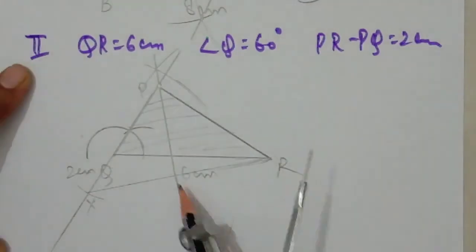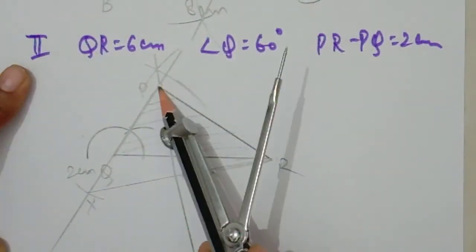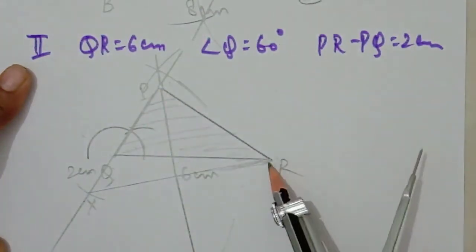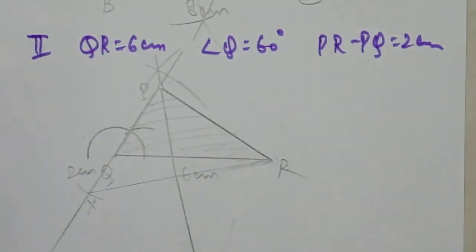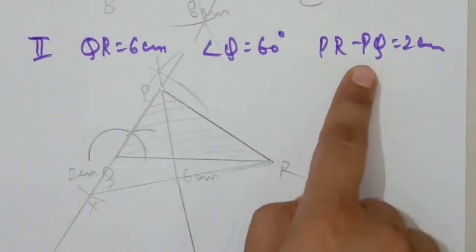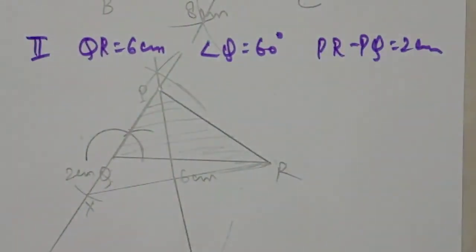When we draw the bisector, it cuts the angle line at a point. We will mark it as P, and then join PR. This is our required triangle PQR. You can verify your diagram with the help of a scale. You can measure QP and PR and put the measurements here. You will get the result as 2 centimeter. So students, this is the second type of the difference.